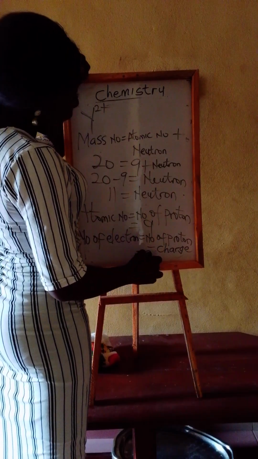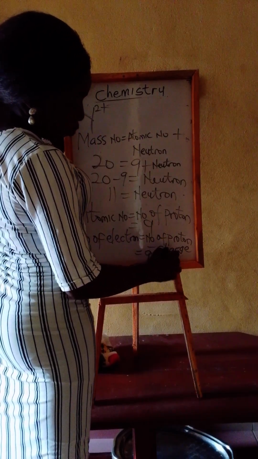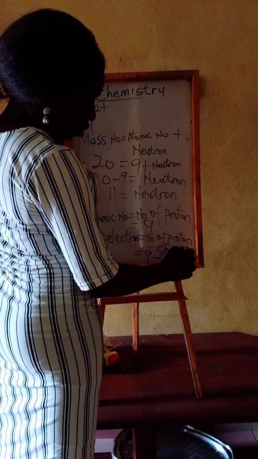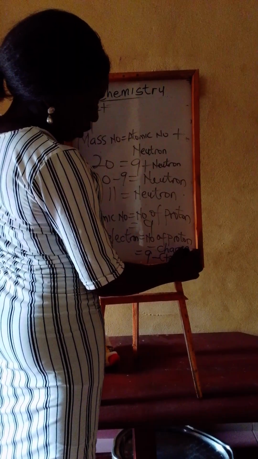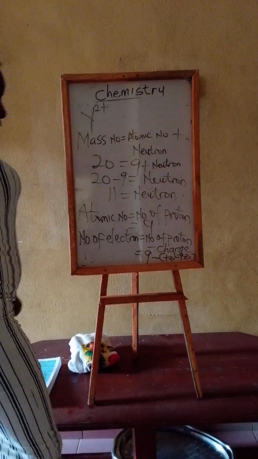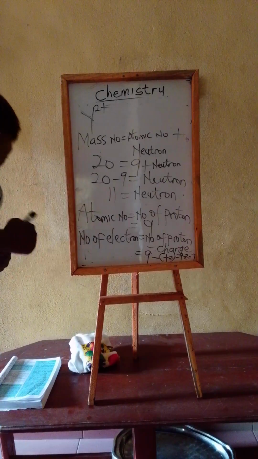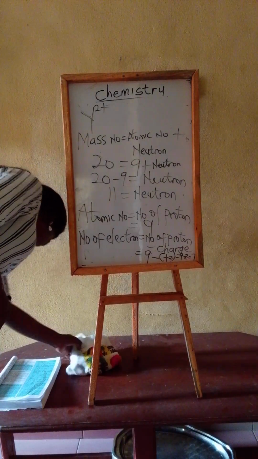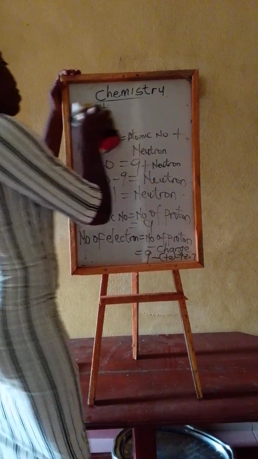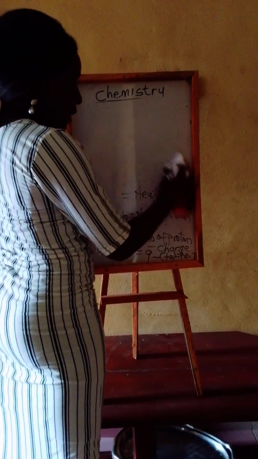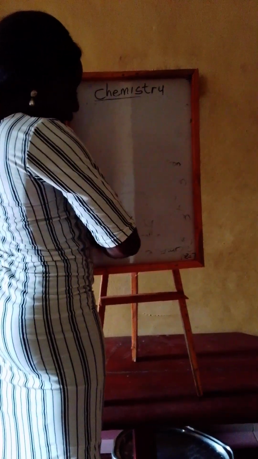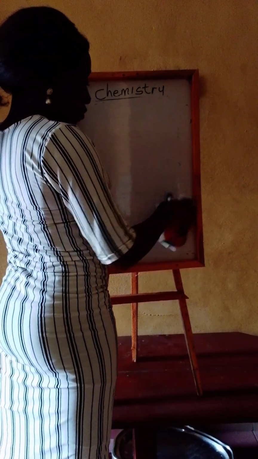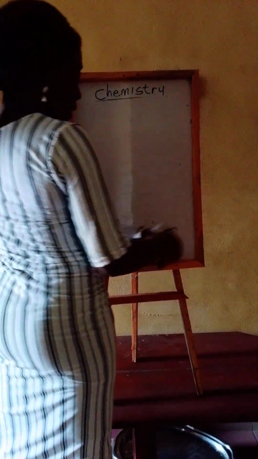So we have 9 minus plus 2, and that's going to give us 9 minus 2. And 9 minus 2 is what? 7. So we have it as 7.